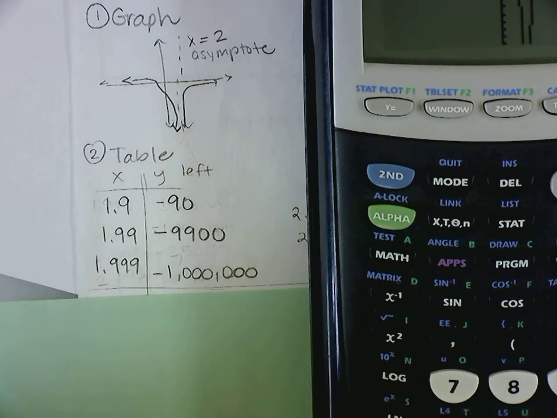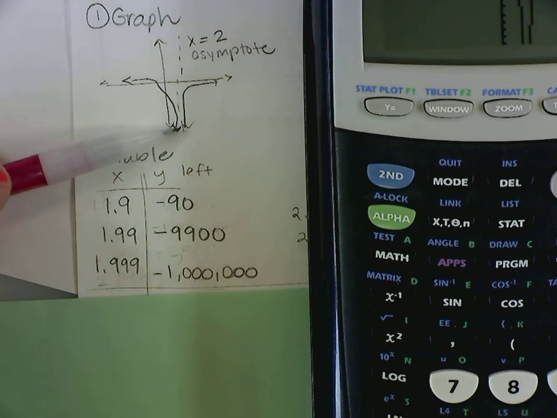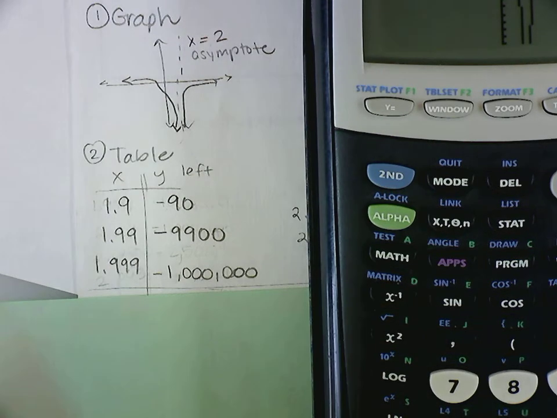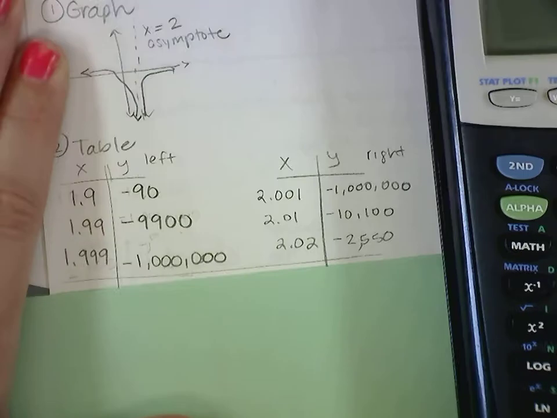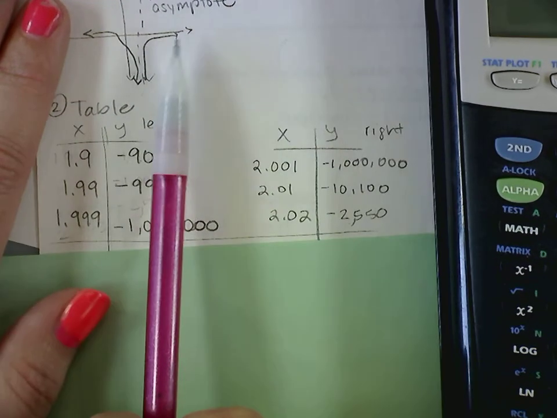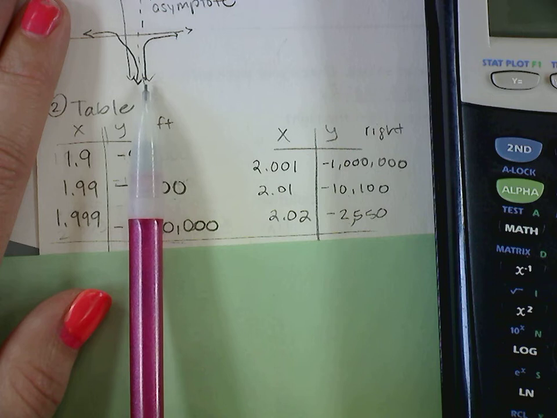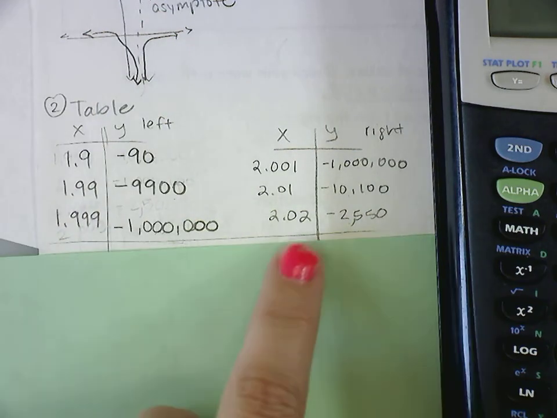So what's happening is you're looking at this part of the graph right here, where it's getting closer and closer to 2 from the left side, and what value is this approaching? Yeah, negative infinity. Well, you can see this from the graph, but we can verify it with the table that from this side, we're also getting closer and closer to negative infinity as we approach 2.